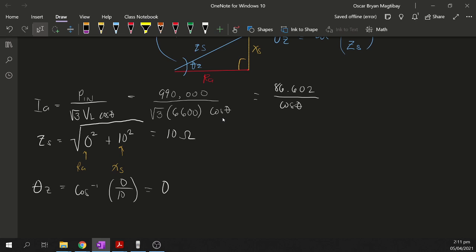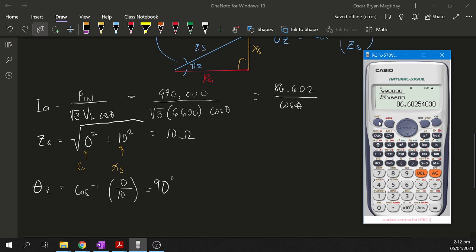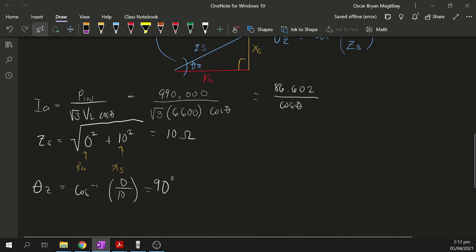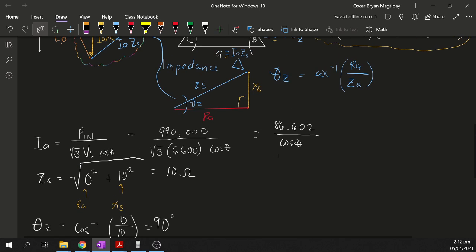To 90. Ano? 90 degrees. Arc cosine 0. Check na natin. Arc cosine of 0 is 90. So, 90 degrees.